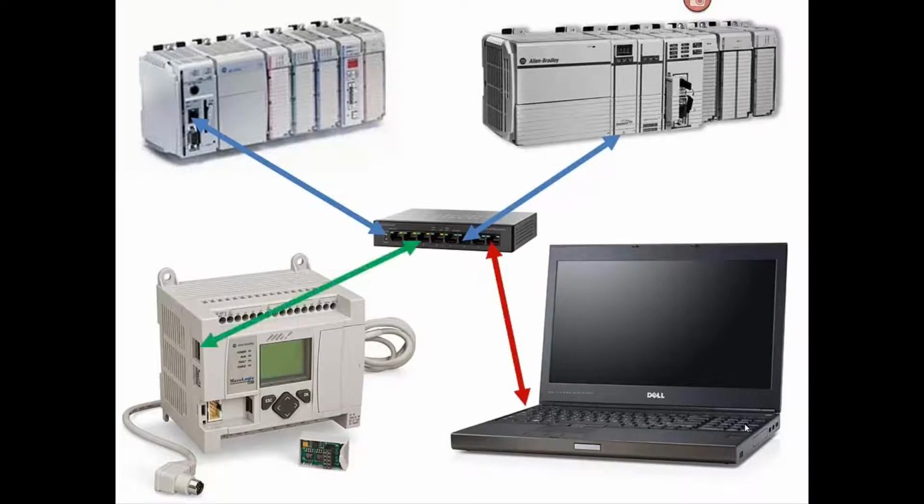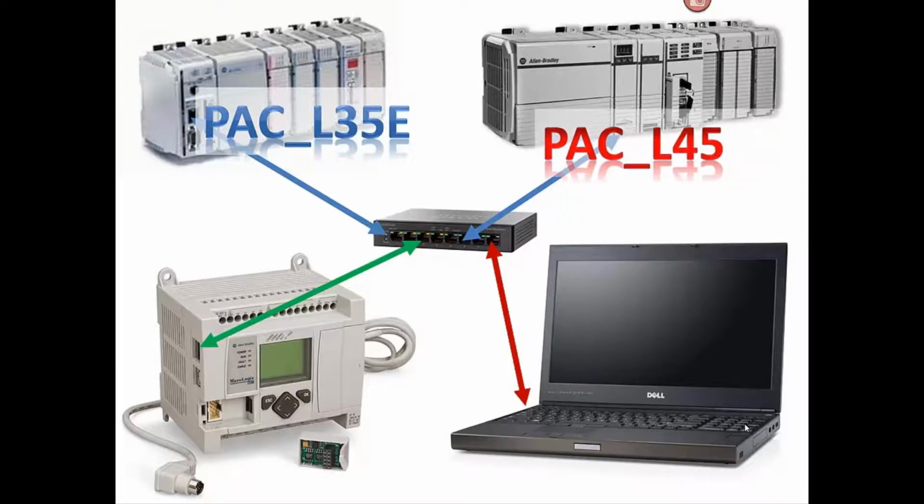And so we're going to hook up cables from all four of these devices. L35E, we're going to refer to it as programmable automation controller L35E. That's probably what we'll name it in our procedure. And then of course this one we'll call PAC-L45.